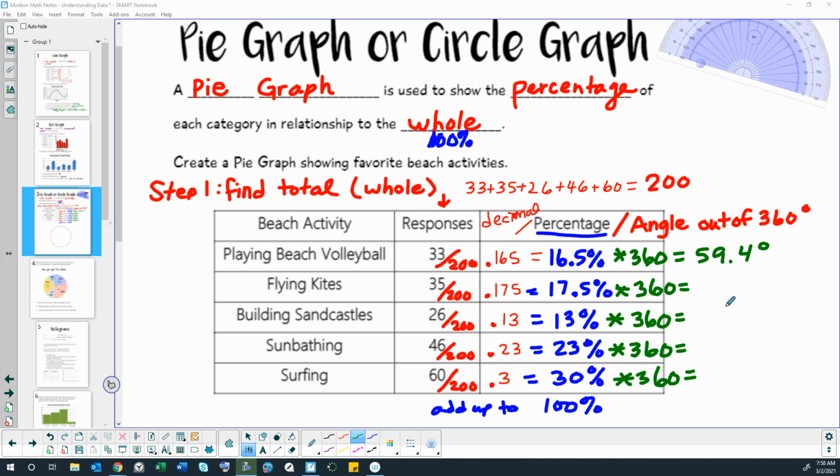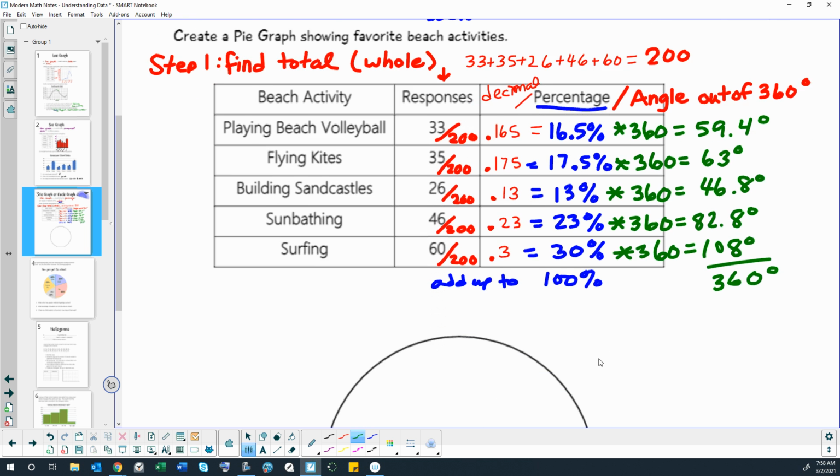All right, so as we went through this process as a class, we found 63 degrees for this one, and 46.8 for this one, and then 82.8 for this one, and then the last one was 108. And if you were to add these all up, guess what they're going to add up to? They will add up to 360 degrees total, because that's how many degrees we have in an entire circle.